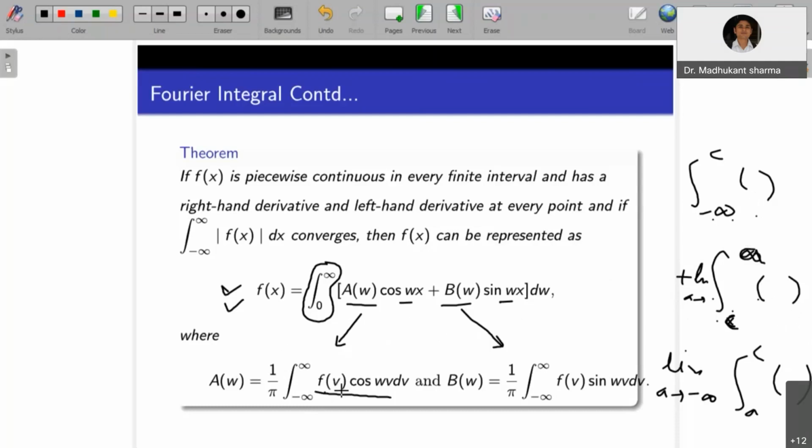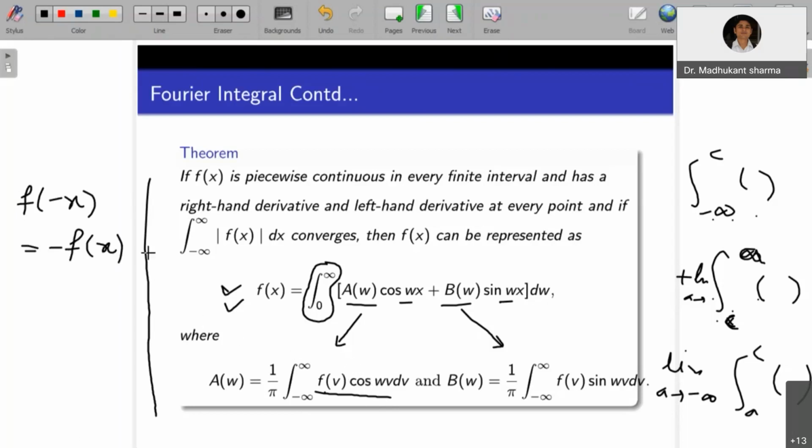satisfied. Okay, then if f is an odd function, then this integrand becomes odd, because the cosine function is an even function and f is odd, so the product of an odd and an even function is odd. I hope you are able to recall what we mean by an odd function: f of minus x is equal to minus f of x.